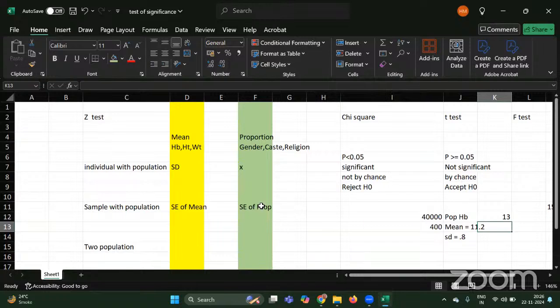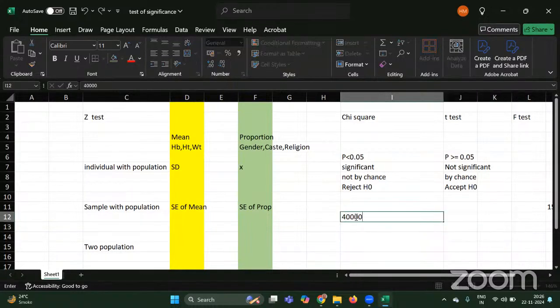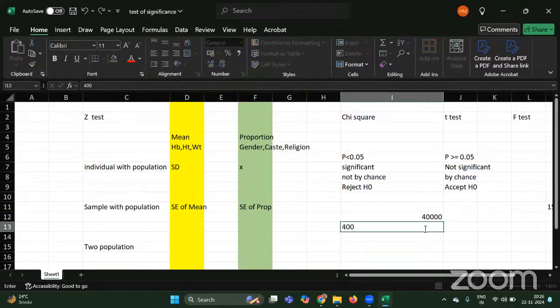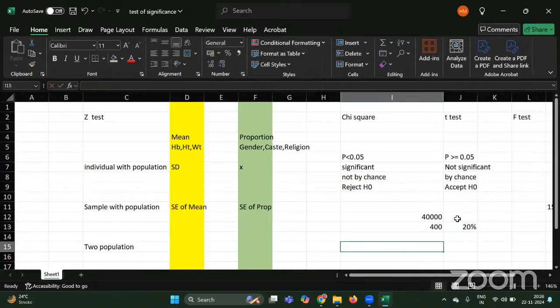Similarly, if you need to find out proportion, same way, population is 40,000 and we don't know the proportion of people sick and healthy at a given point of time. We are taking a sample of 400. We know that at a particular point of time, 20% were sick. And we want to find out how many percent of the population will be sick at present.